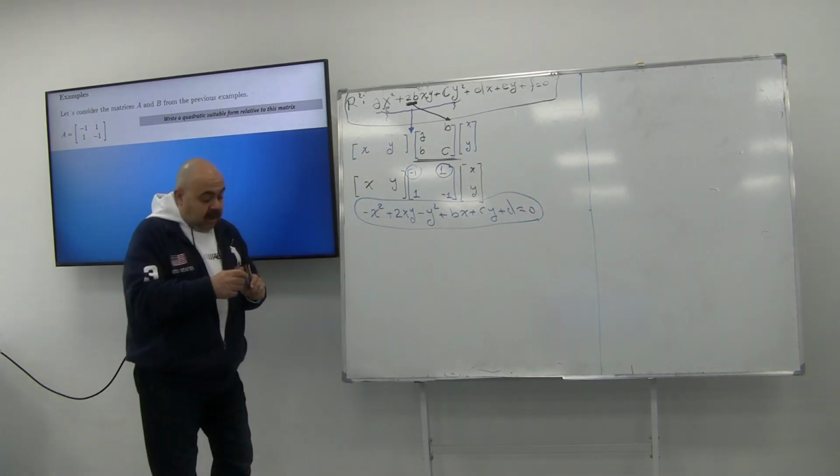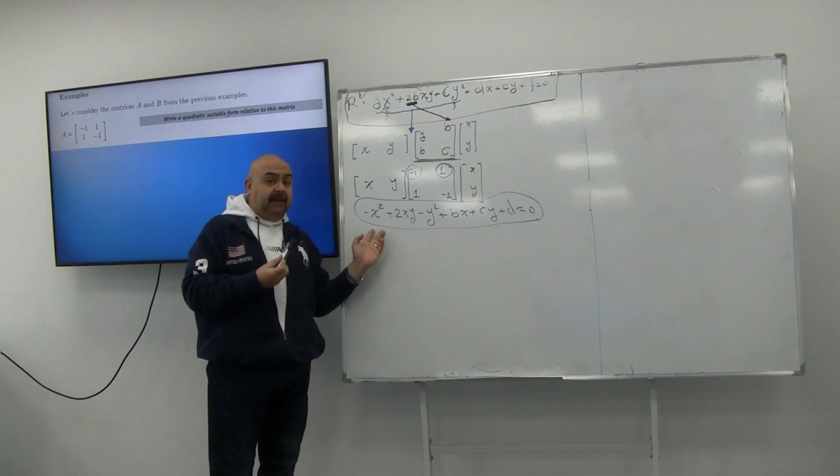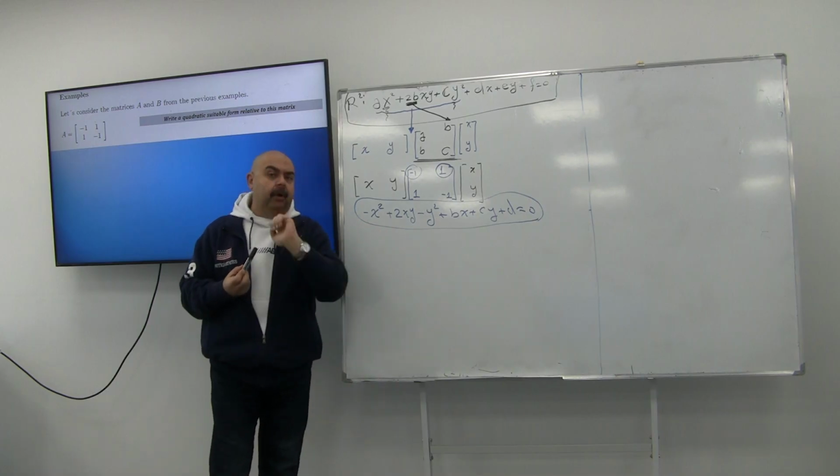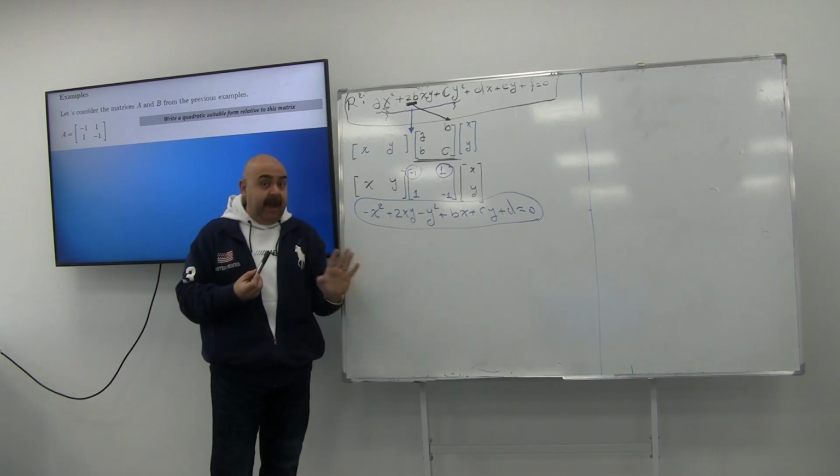So, if I give you this quadratic form, you should be able to get this matrix out of that form, which is simply a piece of cake.